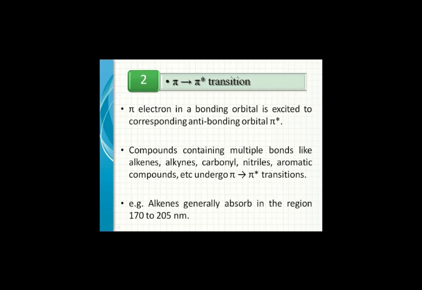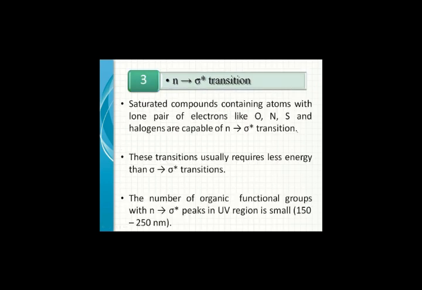The third one is the non-bonding to sigma star transition. Saturated compounds containing atoms with lone pairs of electrons like oxygen, nitrogen, sulfur and halogens are capable of n to sigma star transition.